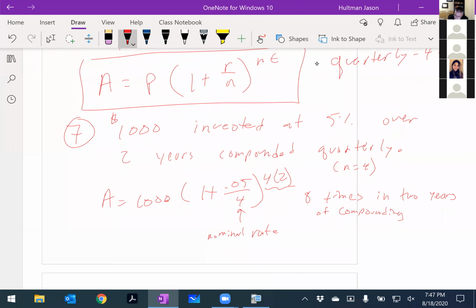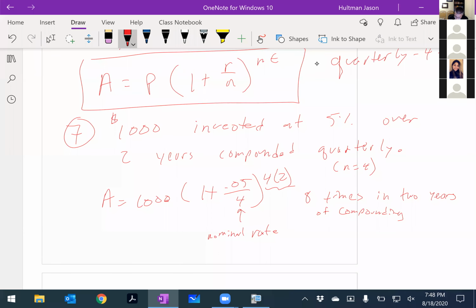N is the number of times I'm compounding in a year. T is the number of years. T is always years. N is the number of compounding intervals per year. T is always years.